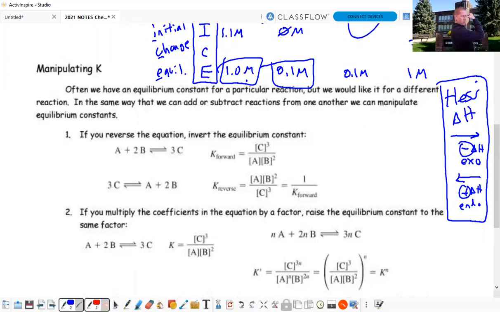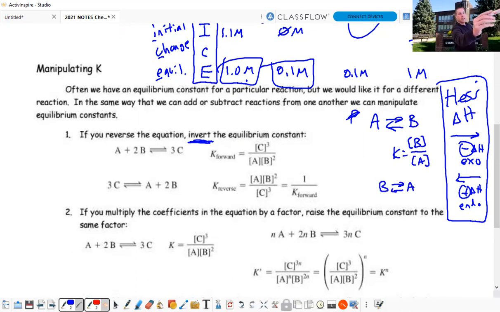All right, so if you reverse the reaction, you take the inverse of the equilibrium constant, or you flip it. Why? Well, let's do the example we just did. A was in equilibrium with B, so the K expression is the concentration of B over the concentration of A. If I reverse this reaction, now A is the product and B is the reactant.